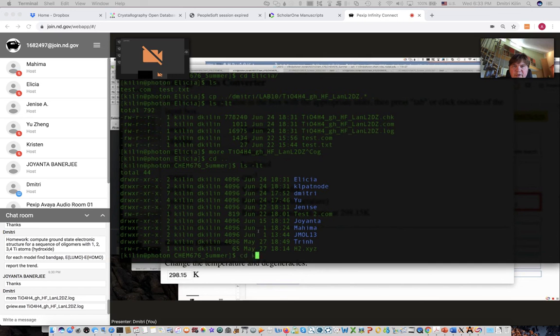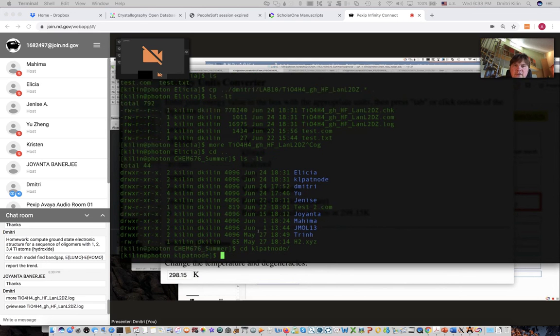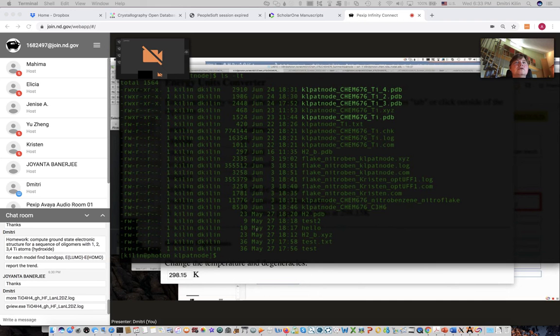I'm not making preferences. I'm just looking at the files as they appear in the list. So in the directory by Kristen, today is the 24th. There is a log file for single titanium, and there are files for 2, 3, and 4.